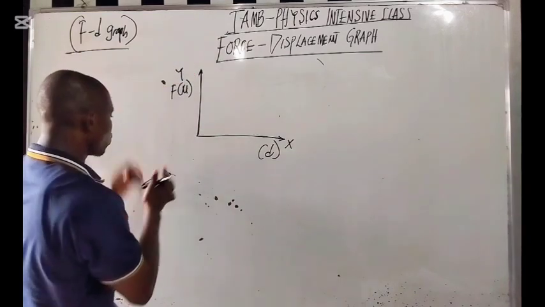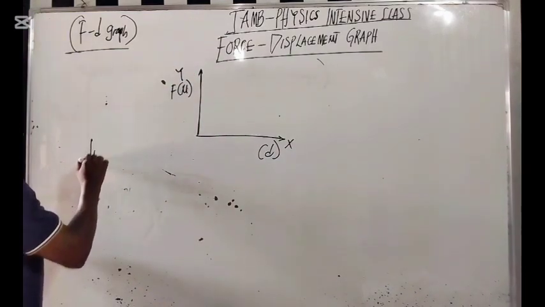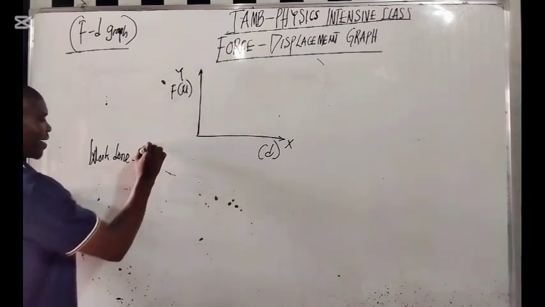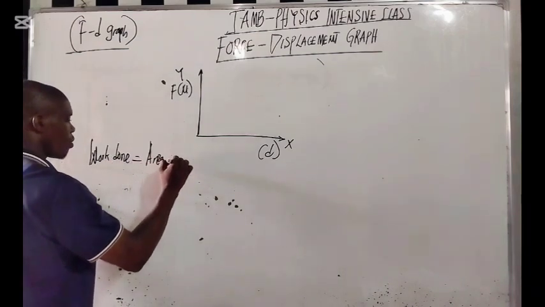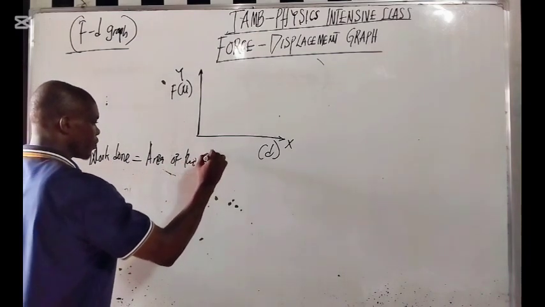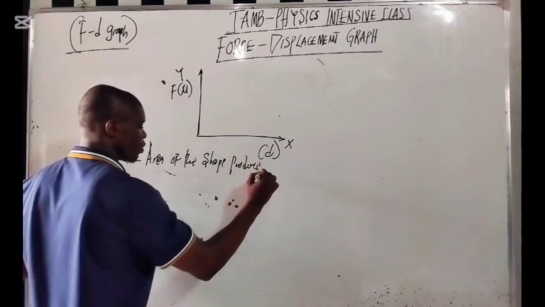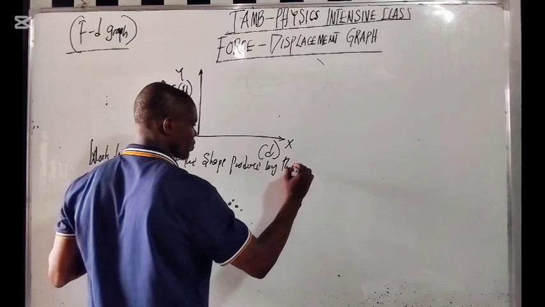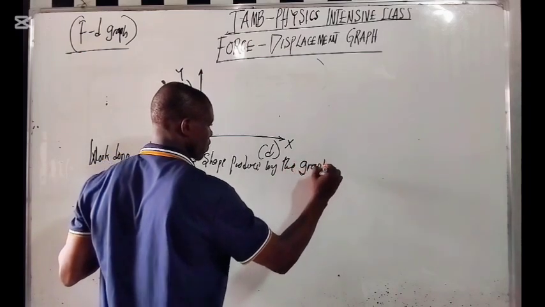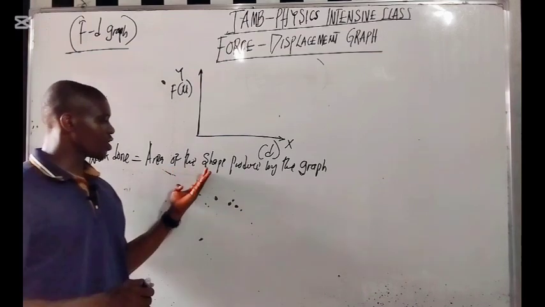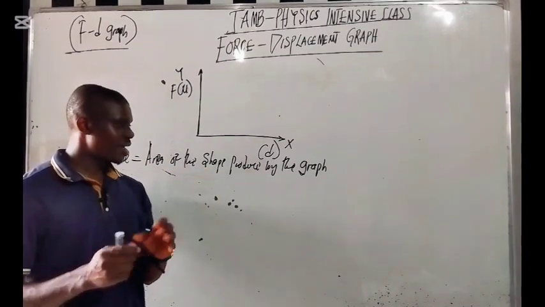So the work done is equal to the area of the shape produced by the graph. Again, the work done is equal to the area of the shape produced by the graph.